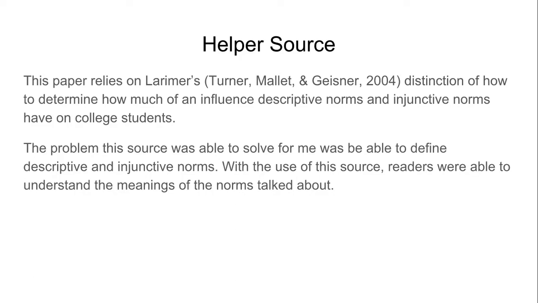He shows descriptive and injunctive norms used to show a public health issue. So he uses that distinction of the influence of the descriptive and injunctive norms in order to determine how influential these norms can be to predict college drinking behaviors.